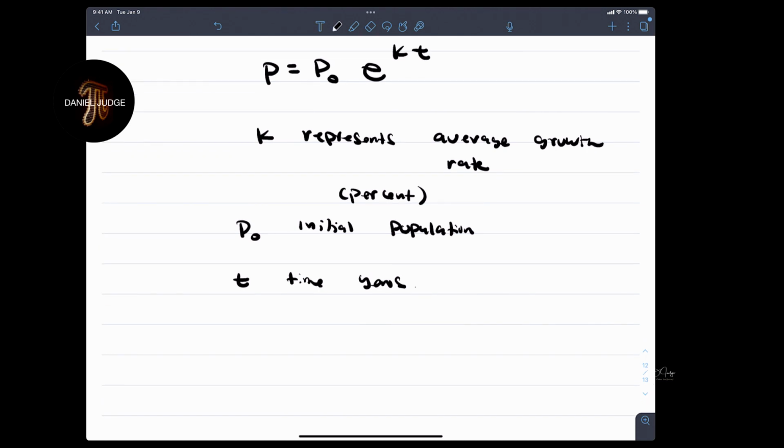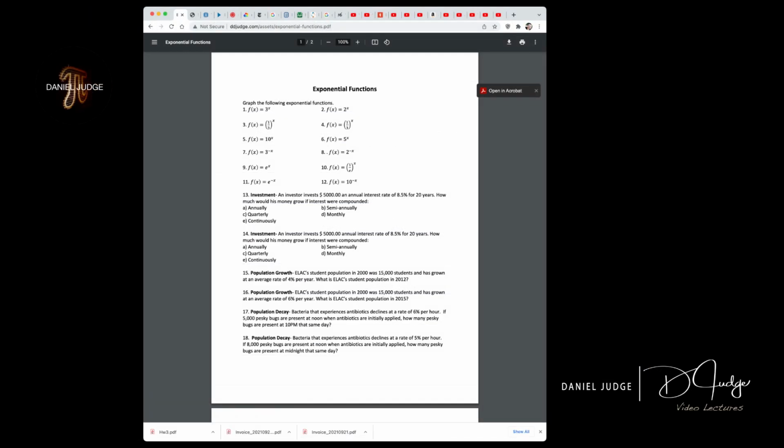So if we go back and look at the browser there, I want to ask you guys: it says ELAC's population in 2000, in year 2000, what are they saying? The population consisted of 15,000 students.